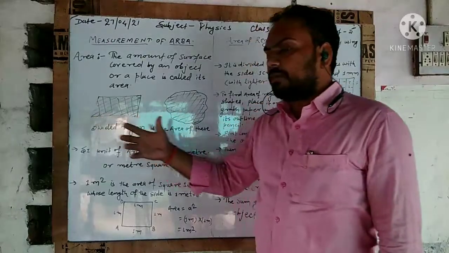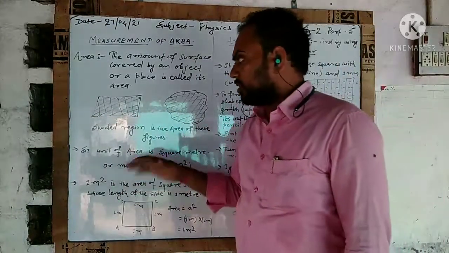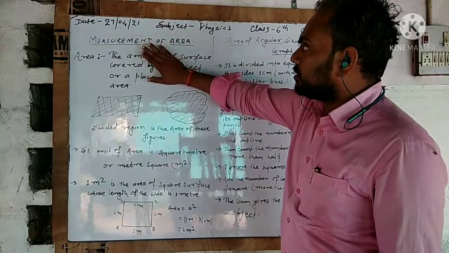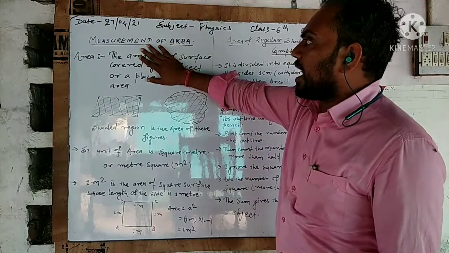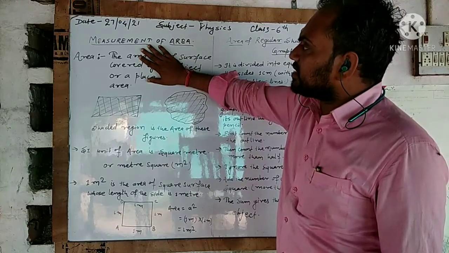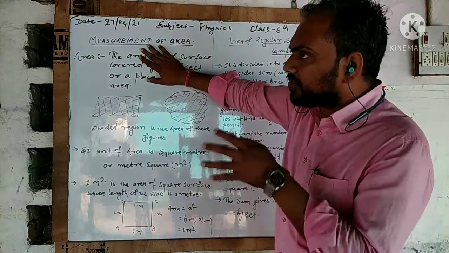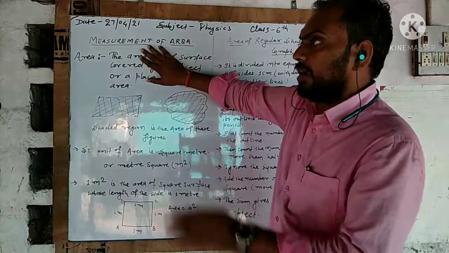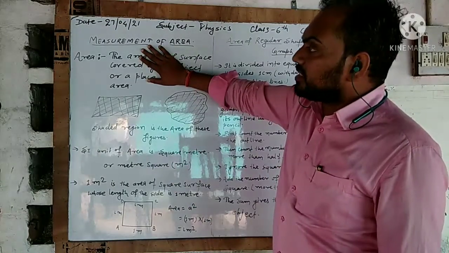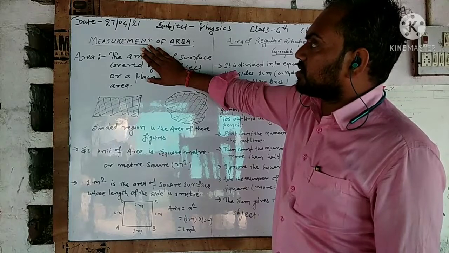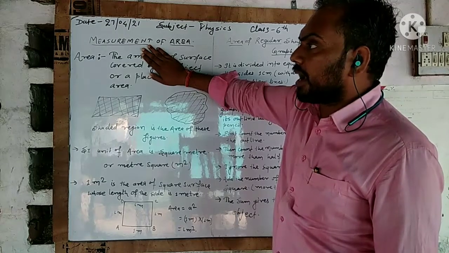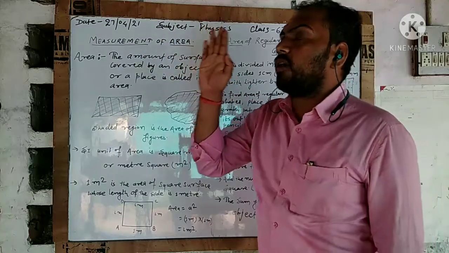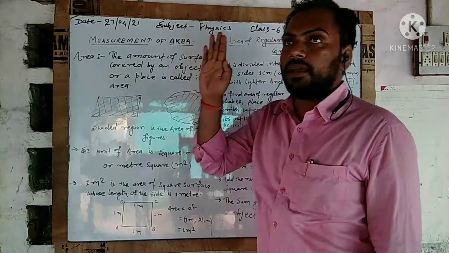If I am putting something on this board, for example, I am putting my hand on this board, the surface of the board is covered by my hand. The region or the surface covered by my hand is the area of my hand, my palm.